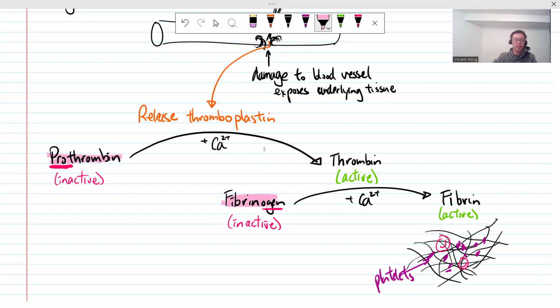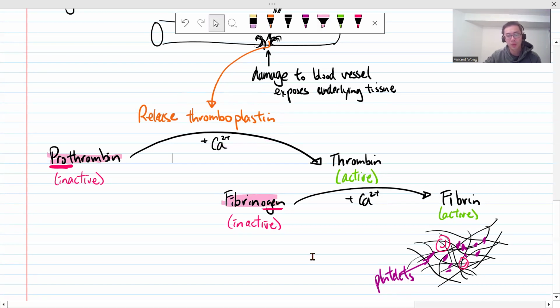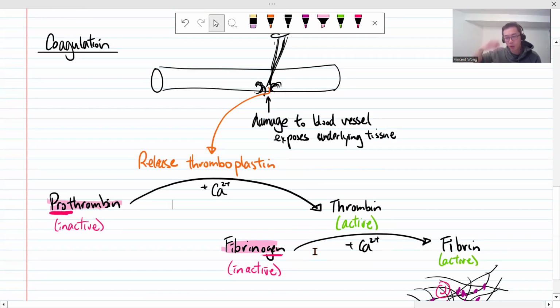When we have some kind of cut. And to trigger this to start happening, you need the thromboplastin. Once you have the thromboplastin, it switches on one thing, and it's like a domino effect. You push over the first domino, the prothrombin becomes the thrombin, which then turns the fibrinogen into fibrin.